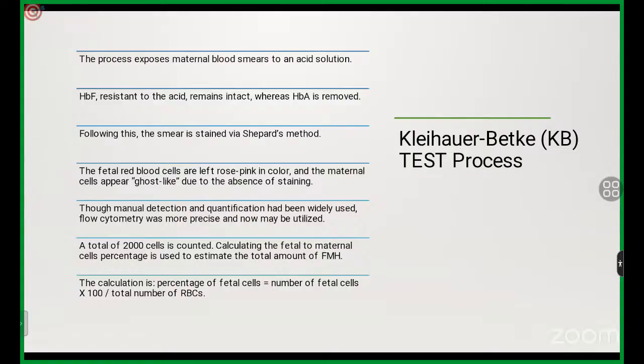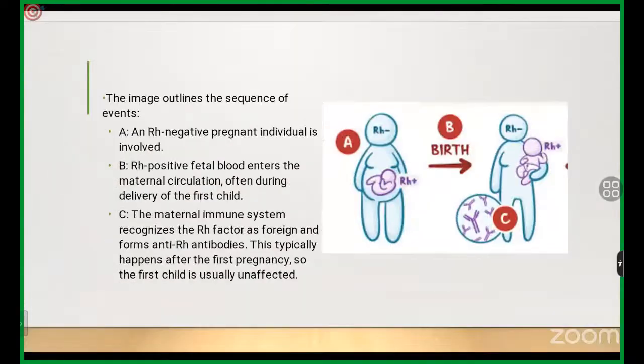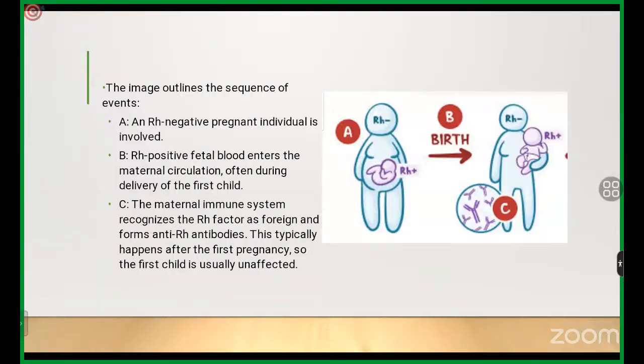However, we must count all the cells. The ghost cells, the ones that have been destroyed by acid elution, plus the intact cells, those are fetal cells. We count all of them, and then we divide by the total number of RBCs, and then we multiply by 100. And the total number of RBCs we should consider as 2,000, because we count up to 2,000 red blood cells, both fetal and maternal.